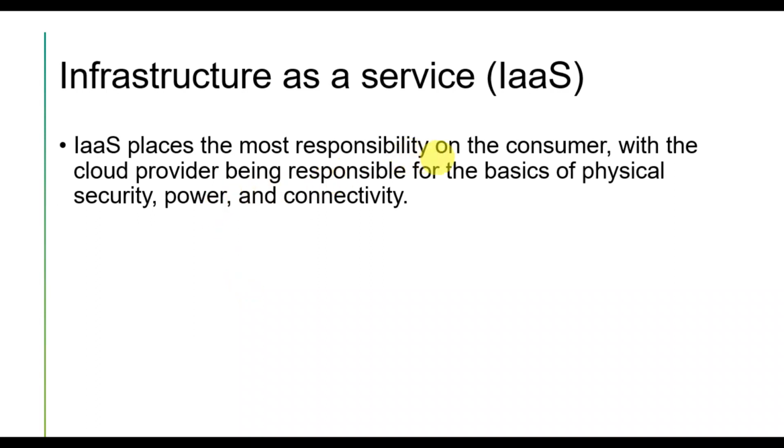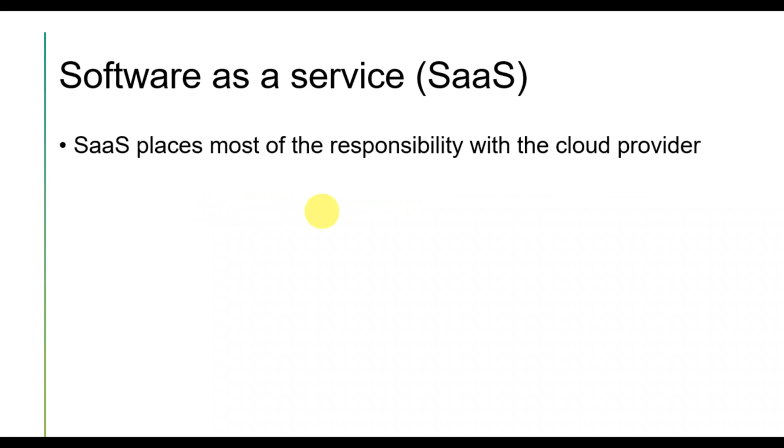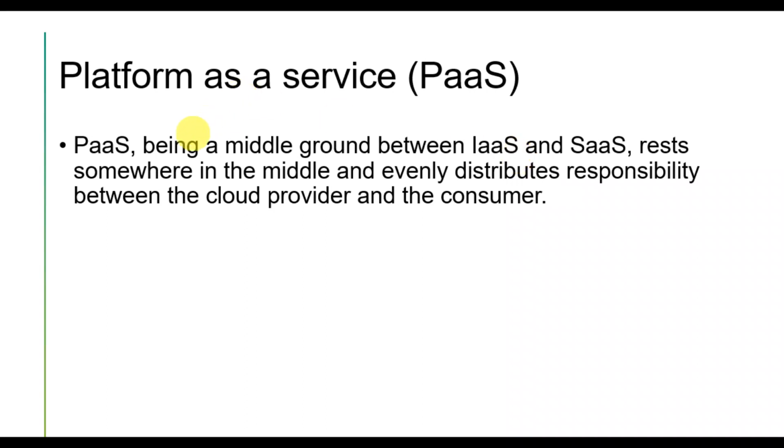Infrastructure as a service places the most responsibility on the consumer, with the cloud provider being responsible for the basics of physical security, power, and connectivity. Whereas software as a service places most of the responsibility with the cloud provider.